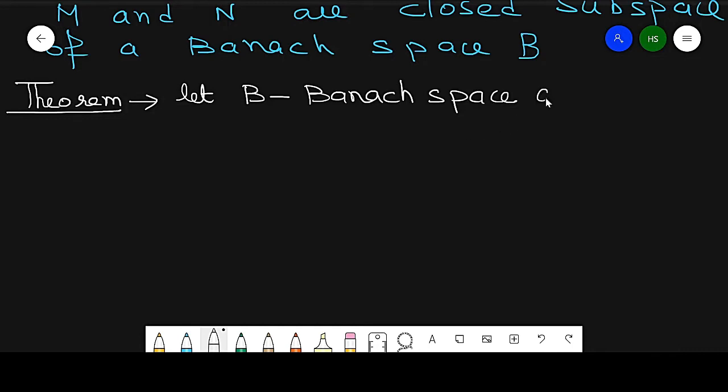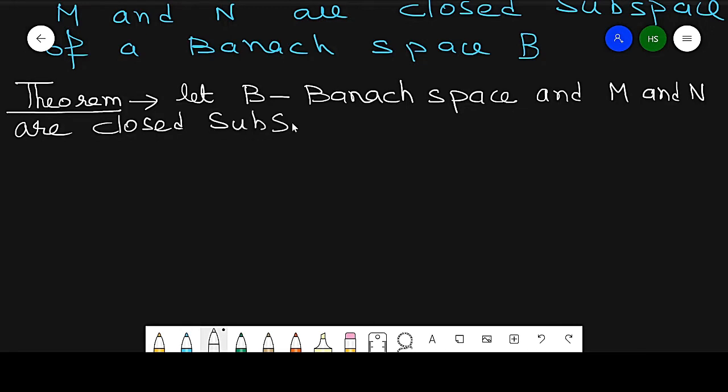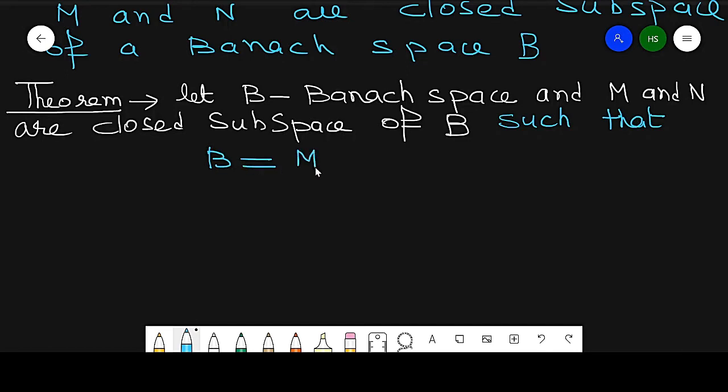And M and N are closed subspaces of B such that, now this is a given part, such that B is equal to M direct sum N.